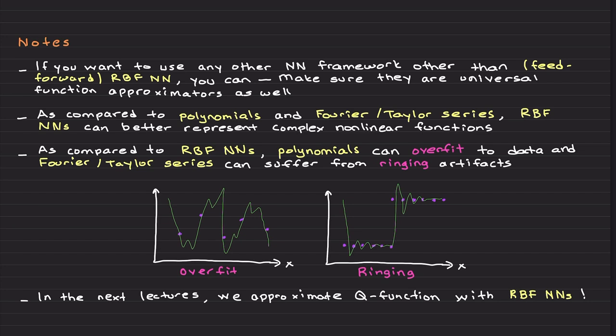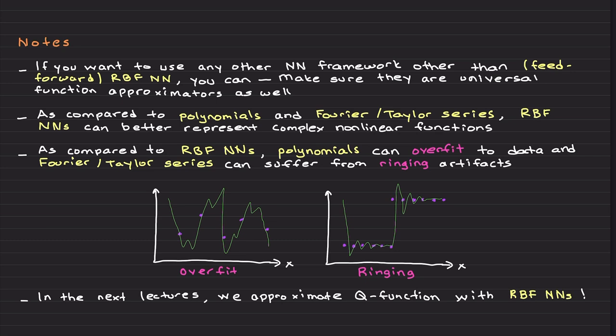Besides neural networks, you can also approximate functions with polynomials or Fourier and Taylor series. As compared to those, neural networks can better represent complex nonlinear functions. As these continuous functions become more and more complex, I personally found neural networks give a much smoother approximation without any spikes, and so on and so forth.